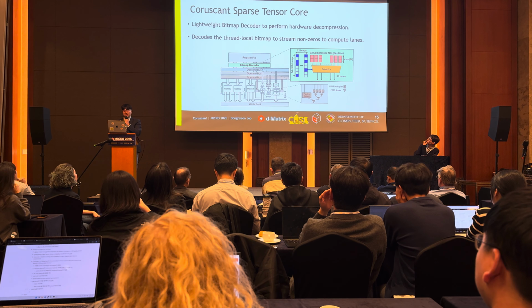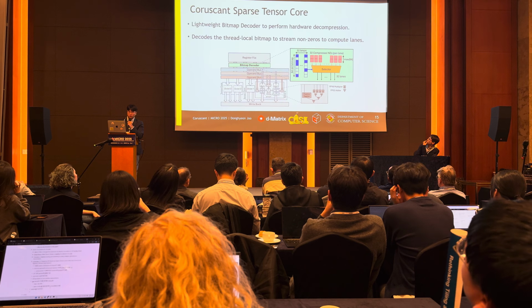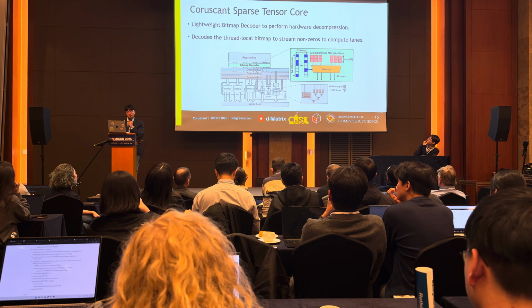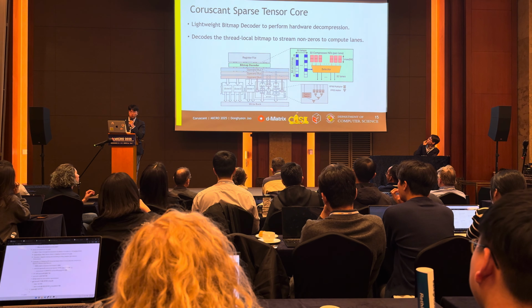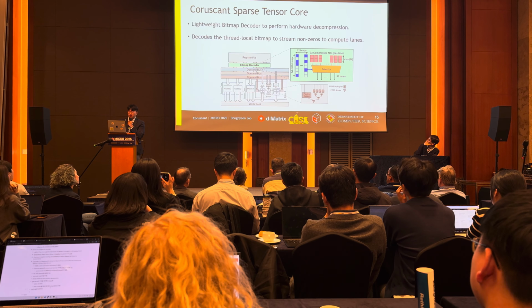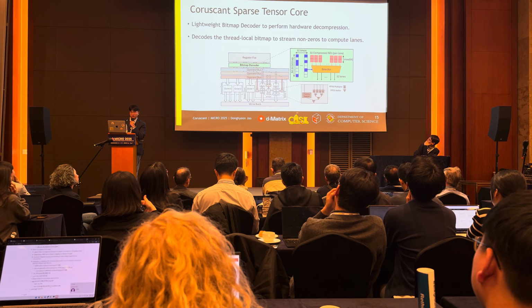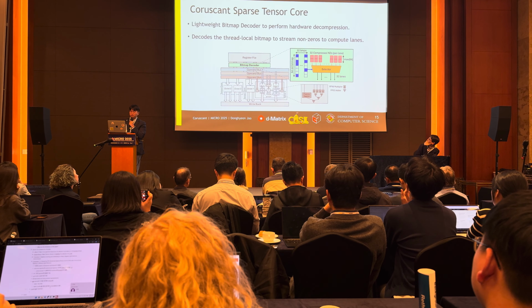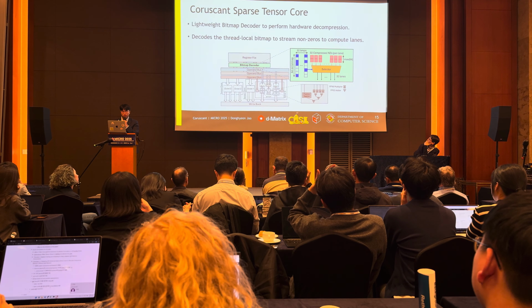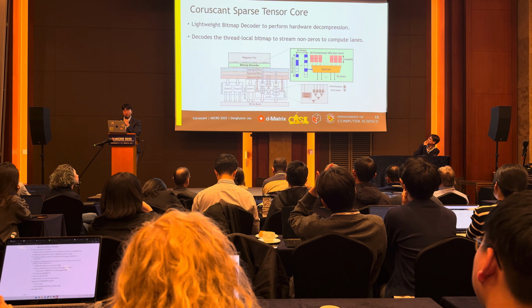To remove this overhead, we propose the Coruscant Sparse Tensor Core, which integrates a lightweight bitmap decoder inside the Tensor Core pipeline. This unit directly reads compressed tiles from registers, then decodes the bitmaps on the fly, and feeds the valid operands to the multiplier array, eliminating the shared memory decompression stage from the kernel side.